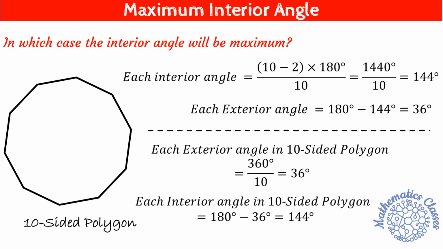You can calculate the same by first calculating its exterior angles and then its interior angles. Like each exterior angle in a 10-sided regular polygon will be 360 divided by 10, equal to 36 degree, and its corresponding interior angle will be 180 minus 36, that is 144 degree.